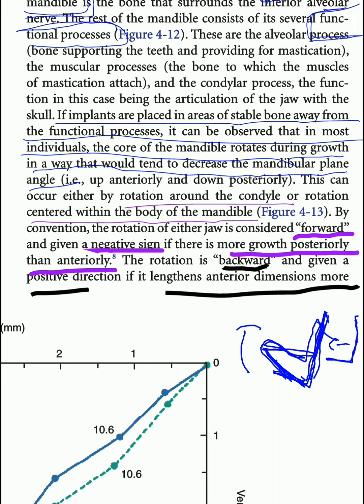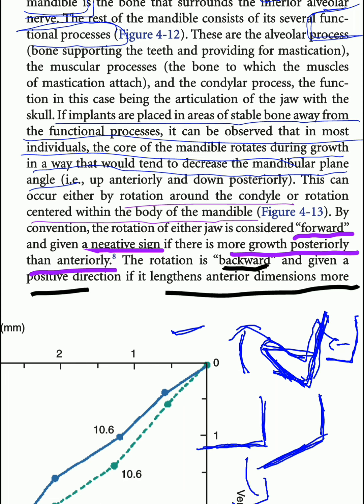It is also called counterclockwise rotation because it is going in a counterclockwise direction, and for describing it, a negative sign is used. And in the same way, within the mandible, when the length of the anterior increases very much as compared to the posterior, because the horizontal part is moving very much, it will go like this, and because of this the rotation is taking place in a backward direction.